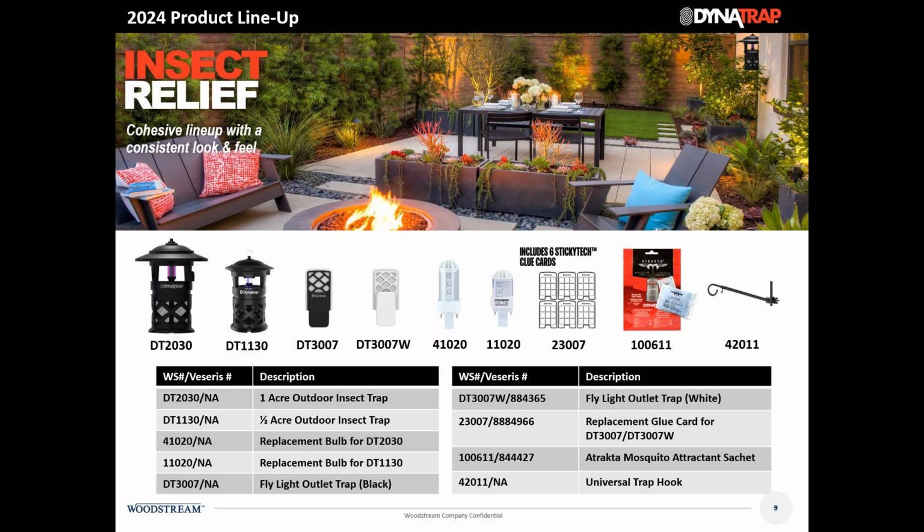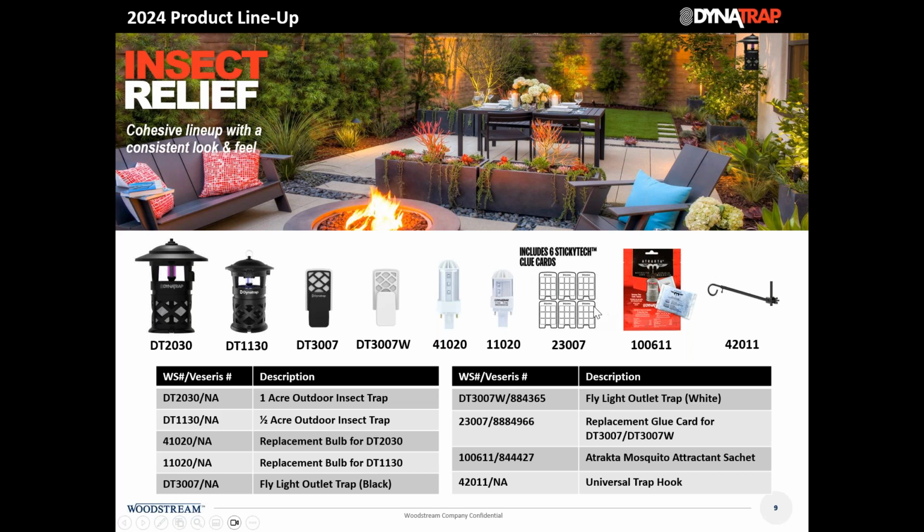And then of course the bulbs for each of these two outdoor traps. I'm sorry, I was on the wrong slide when I was pointing my cursor. But yes, it's 1 acre, half acre, the black version of the indoor flylight, which you do not have, but you do have the white and the glue card replacements for that trap, and then the sachet for the outdoor traps that you currently have in the warehouse.